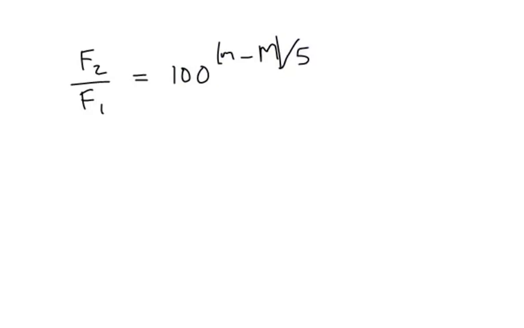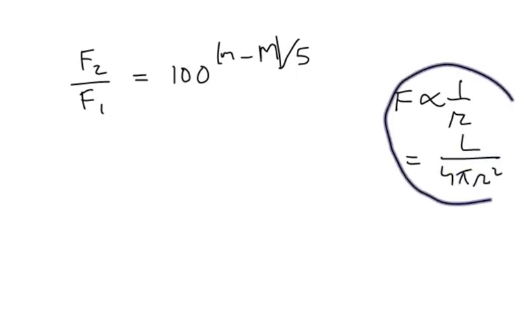And since L is constant for the star, using the previous relationship where F was proportional to 1 by r square, you must remember this relationship.